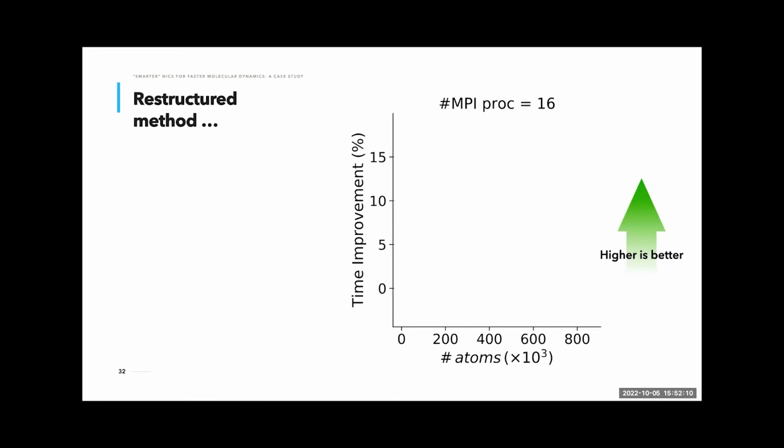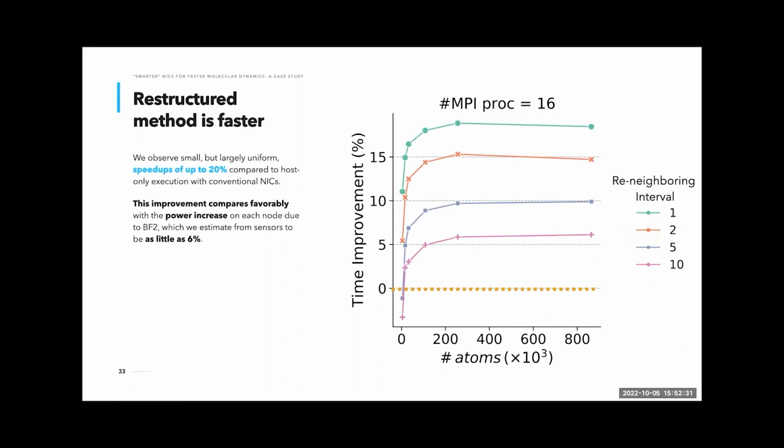In this plot, the x-axis is the number of particles, and the y-axis is the relative time improvement. Here the baseline is unmodified MiniMD, which is running on host nodes with conventional NICs, or network interface cards. Each color indicates a different reneighboring interval.